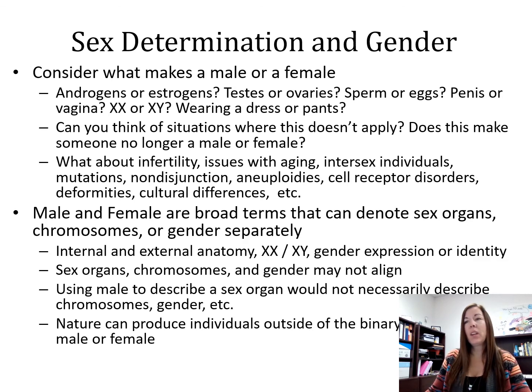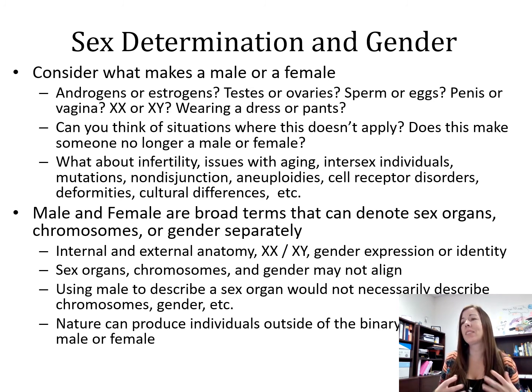So then we get into that issue with SRY, where you can be chromosomally male, but with that faulty SRY gene you don't actually develop male genitalia, you develop female genitalia, and that can be a big issue. But then there are also other considerations in what makes an individual male or female.